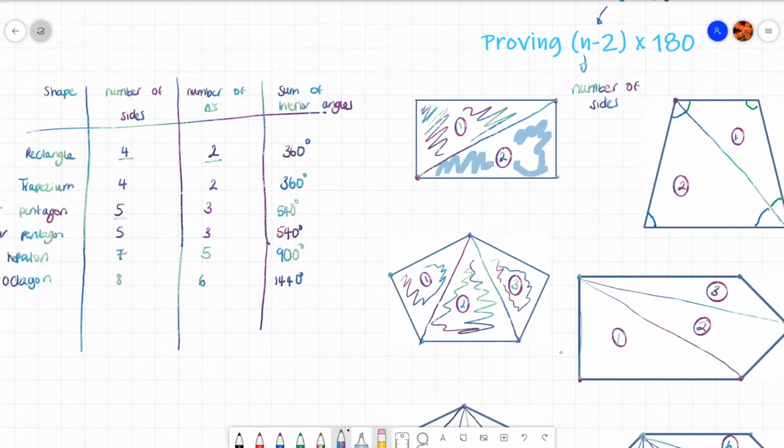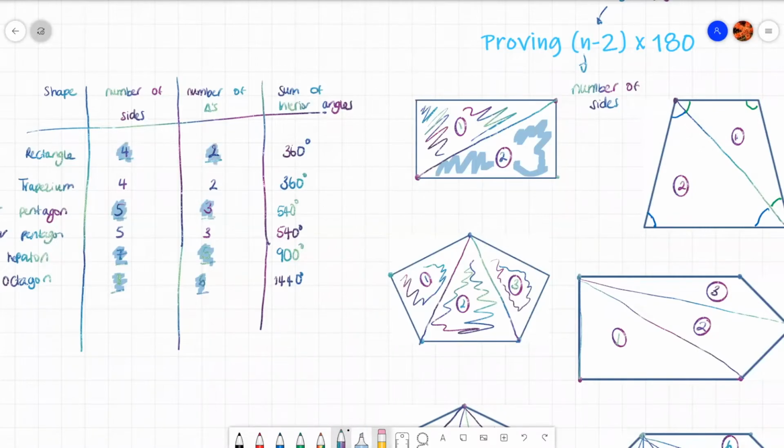If I've got a five-sided shape, I can make three triangles. If I've got a seven-sided shape, I can make five triangles. And if I've got an eight-sided shape, I can make six triangles. Can we notice a pattern between the number of sides and the number of triangles we can make? So if I highlight this for you, is there a relationship between them?